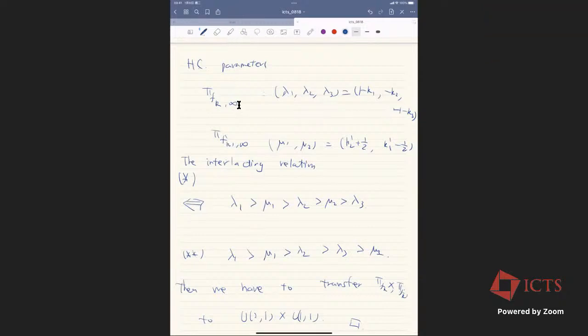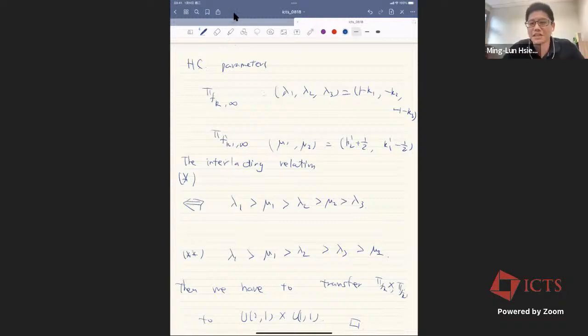I have a question. Why do you restrict to U3 cross U2 instead of UN cross UN plus 1? All the construction can be generalized to UN cross UN minus 1 without any difficulty. I just need to introduce more notation in that situation.